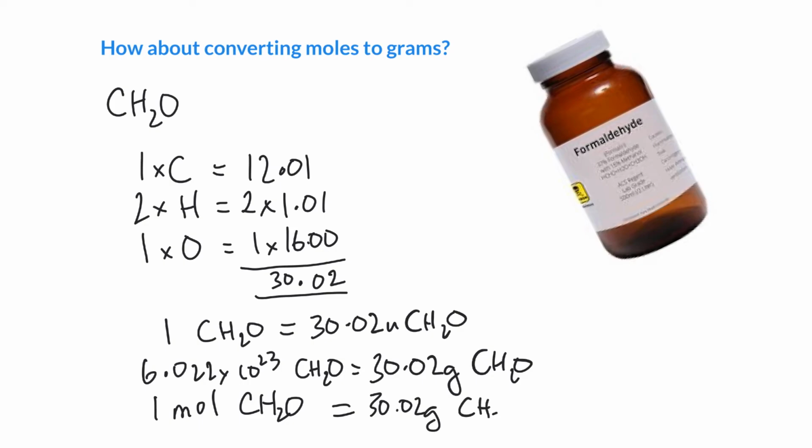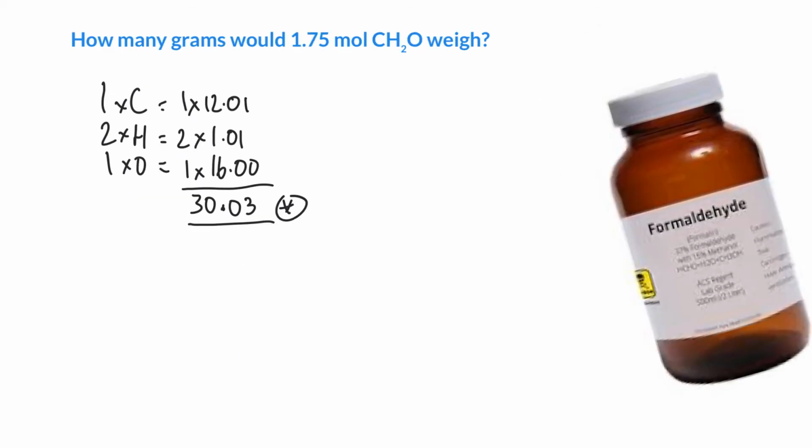So if we want to convert grams to moles, that seems like the kind of conversion factor we might need. And because I'm a doofus, I actually added up the weights of C, H and O incorrectly, so it should actually be 30.03. I was just checking if you were paying attention. If you were screaming at the screen, then you're on the right track. So 1 mole weighs 30.03 grams of formaldehyde.